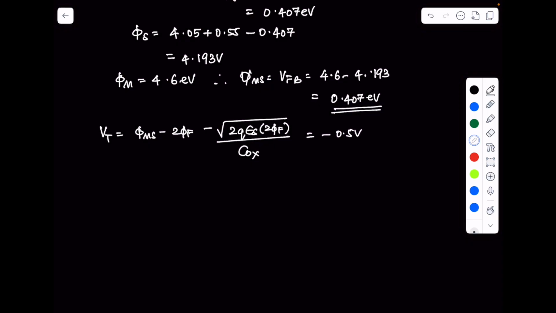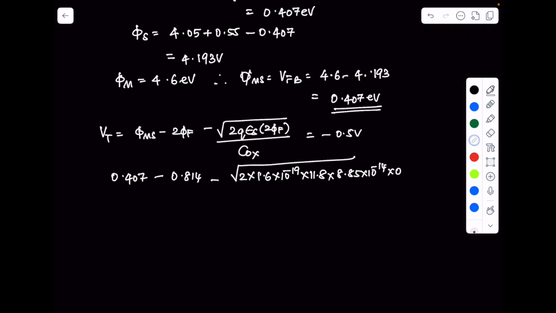So what you're given is 0.407 minus 0.814, that is twice the phi_f, minus square root of 2 into 1.6 times 10 power minus 19 into 11.8 into 8.85 times 10 power minus 14 into 0.814.